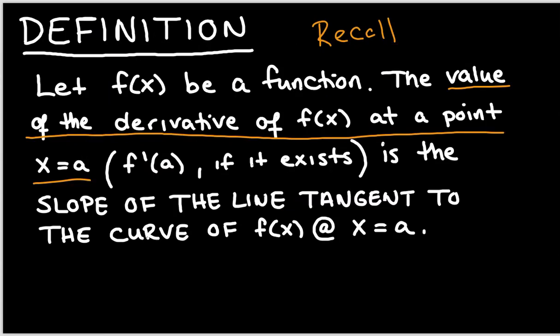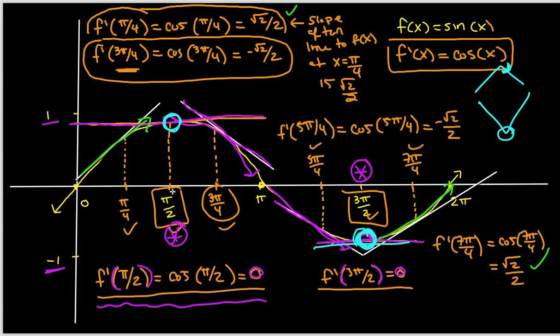And look, when we found values such that when we plugged in those values, the derivative equaled 0, that's where we found our min and our max. And the reason that that happens is because the tangent line goes horizontal. And when the tangent line goes horizontal, the tangent line has a slope of 0. And that's when the derivative is equal to 0, because the derivative is the slope of the tangent line at that point.